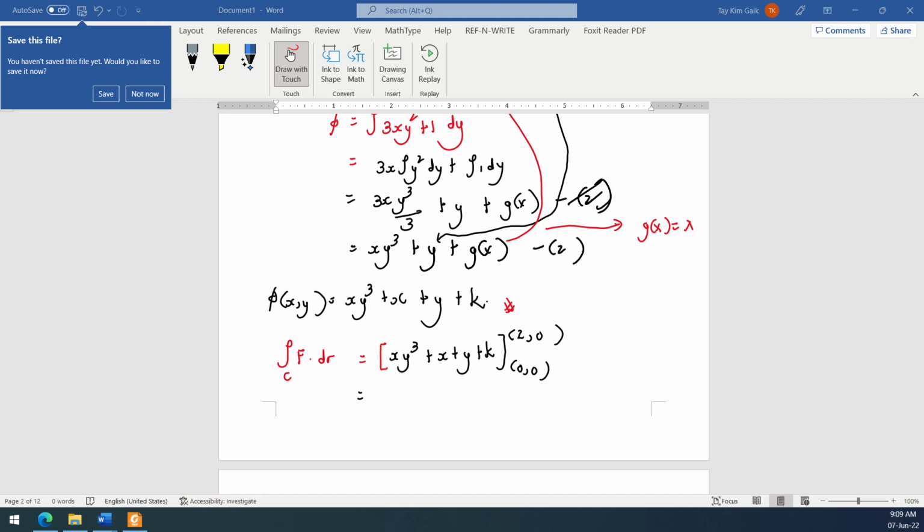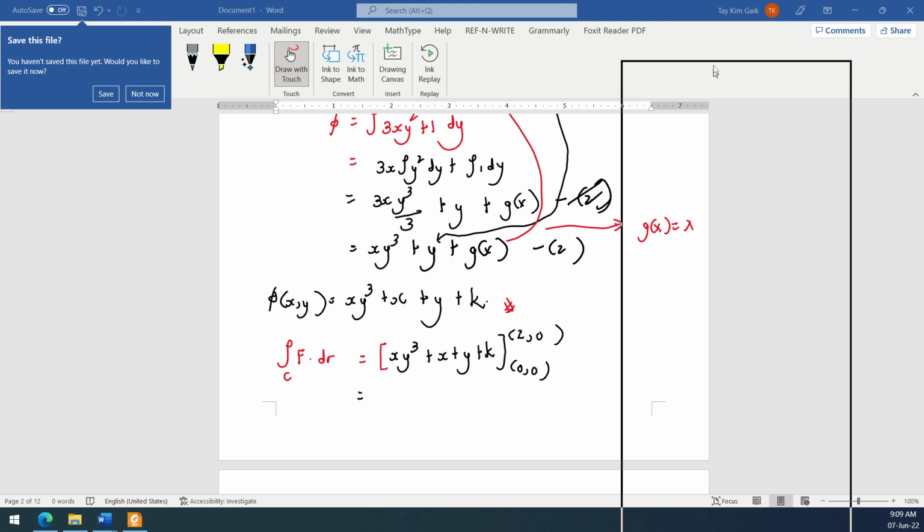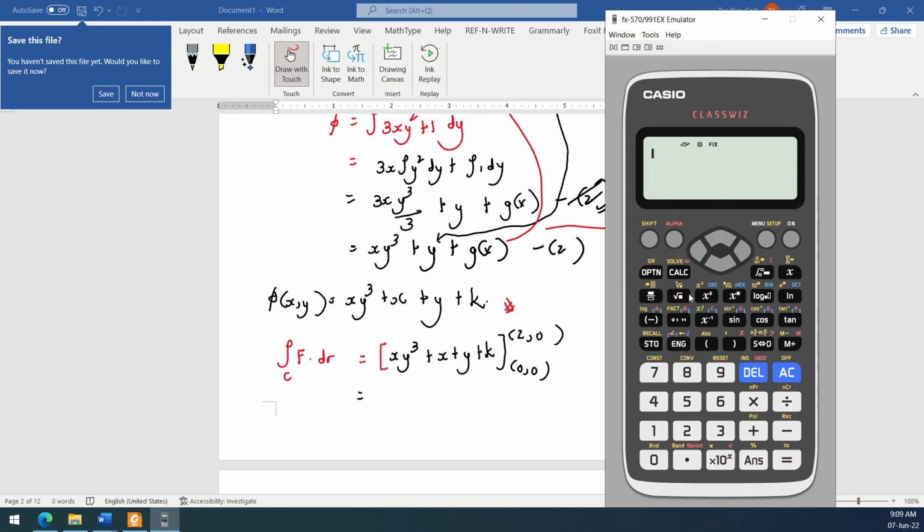Okay, hold on, I will show you. I will use the scientific calculator: xy cubed plus x plus y. K is not needed because it cancels out.